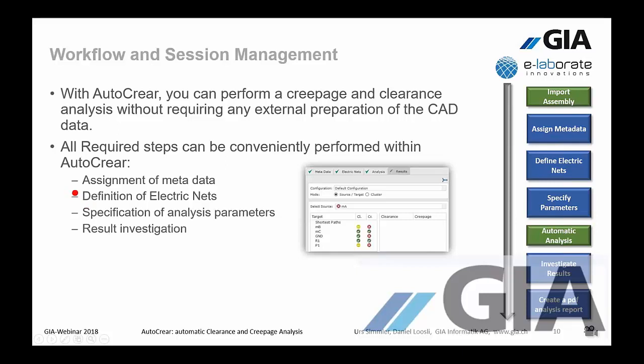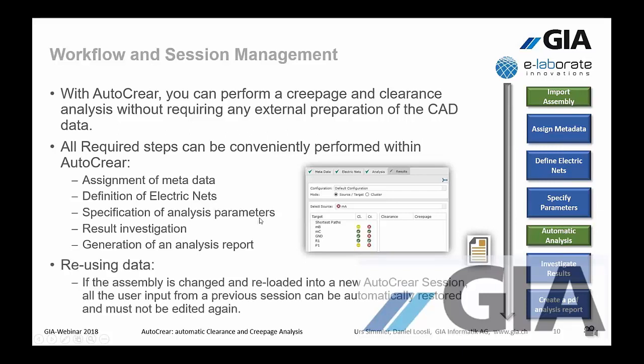And then we have to, let's say, bring those components together to electrical nets, we have to define what are the regulations, what are, let's say, the distances here, and in the end we are doing some post-processing. And the last thing, in the end, we should also create a report of the work we did.